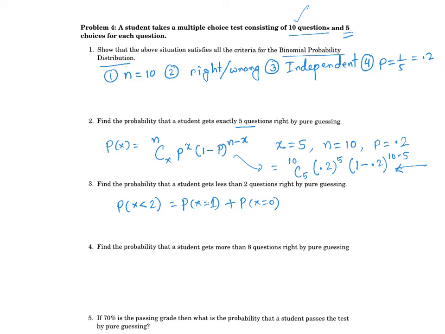Find the probability the student gets more than 8 questions right. So the probability of x greater than 8 is going to be the probability of x is equal to 9 plus the probability of x is equal to 10. It cannot be more than 10 because there are only 10 questions. So that's what this part is.